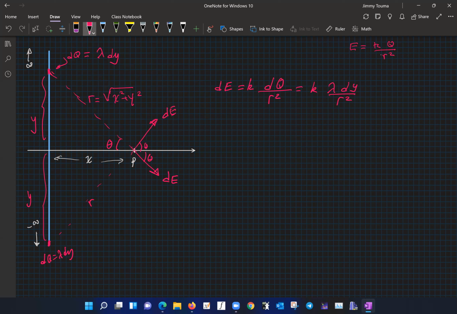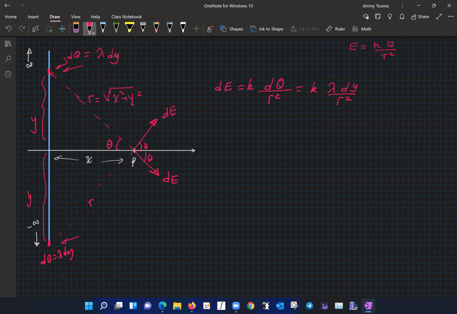They make the same angle with the x-axis. Obviously, one is y below, one is y above the x-axis. So again, as I go in and add up all my contributions down the line, maybe from negative infinity to infinity, I'm going to encounter this element charge, and then I'm going to encounter this element charge.